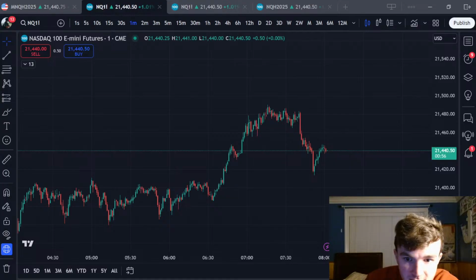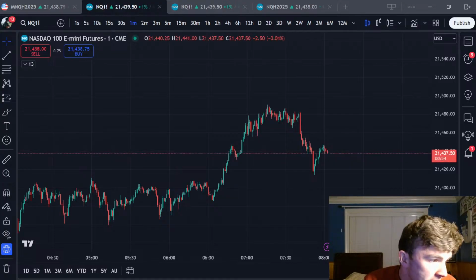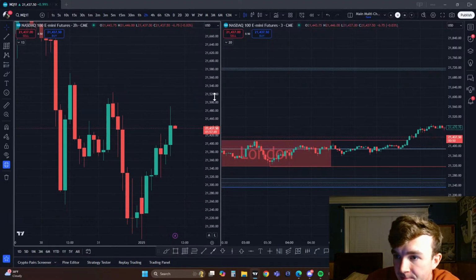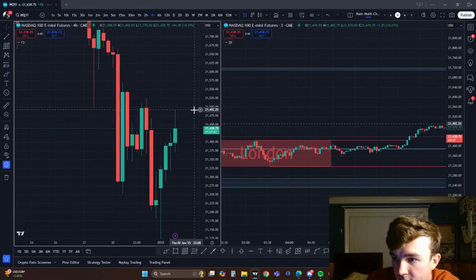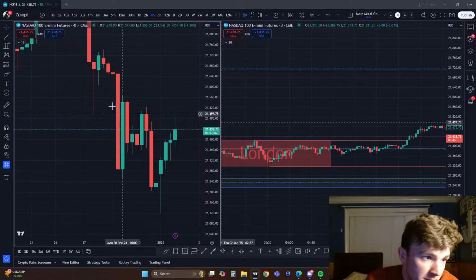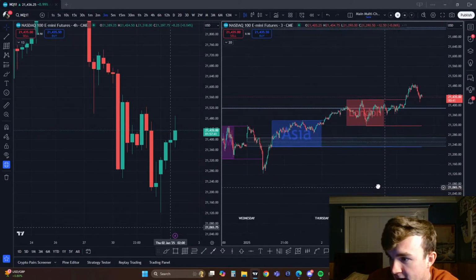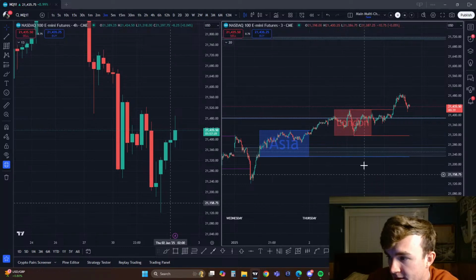So I'll show you my other screen just so you guys can actually have something to see. So this is what I'm setting up. This is where I look for my higher time frame key levels on the left hand side here. On the right hand side, this is kind of where I keep up all the indicators.